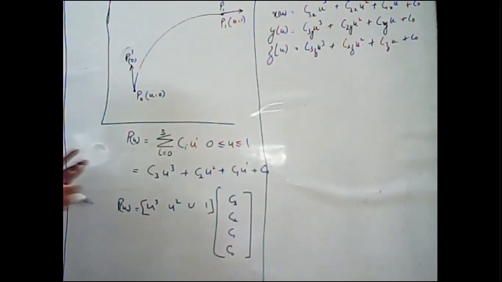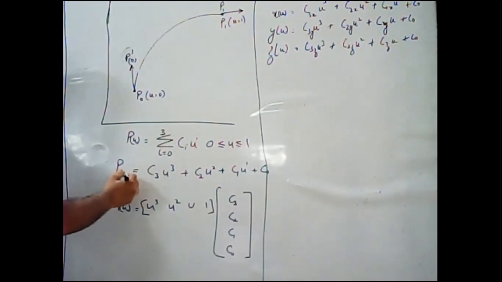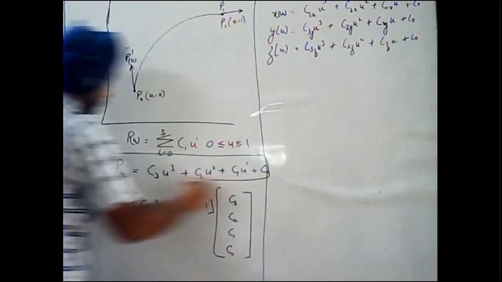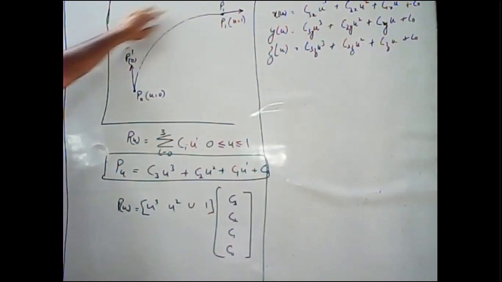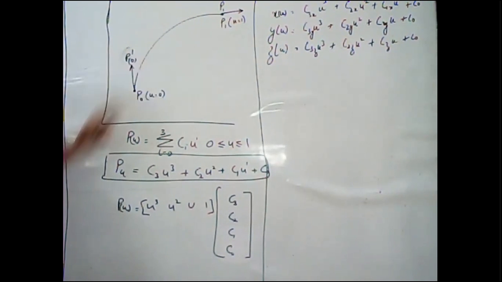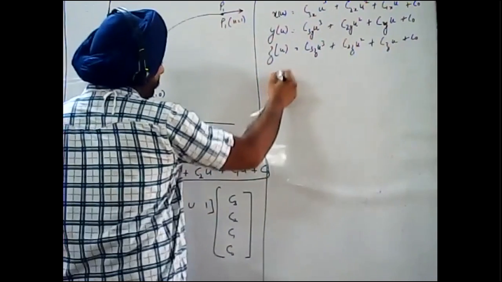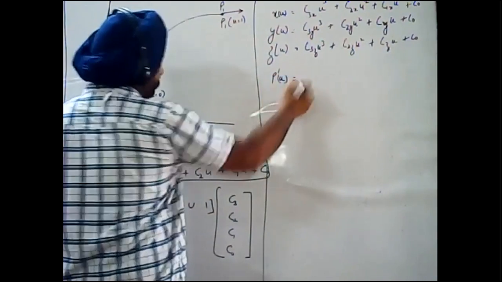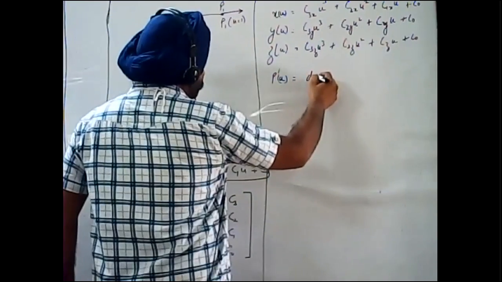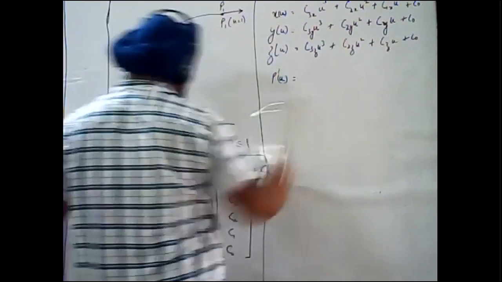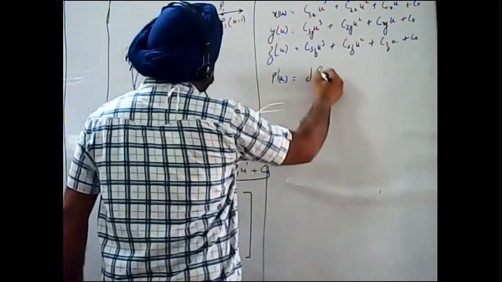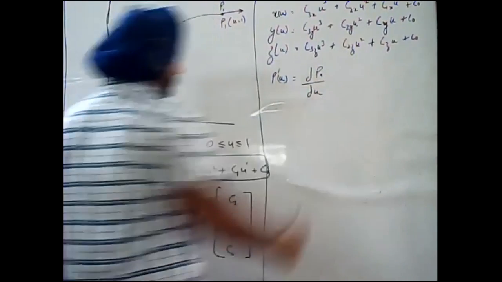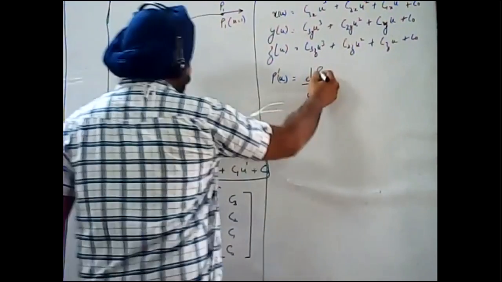Now, to calculate the tangent, P(u) is the equation of this curve or this particular point. If you want to calculate the tangent, you have to calculate P dash u, that is equal to the partial derivative of P(u) with respect to u.